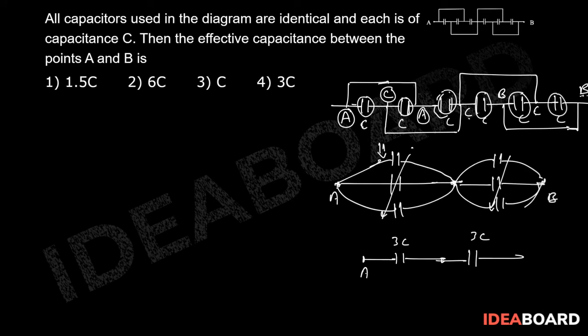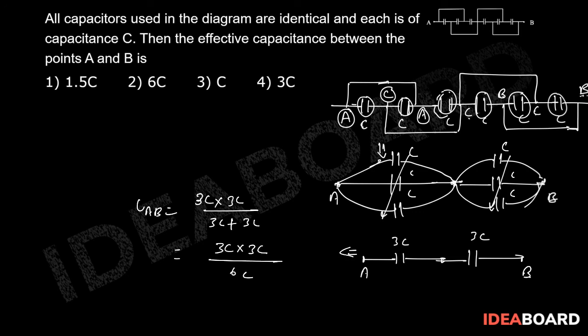Now because these all have capacitance C, we can finally calculate the capacitance between A and B. So CAB will be 3C times 3C divided by 3C plus 3C, which is nothing else but 3C into 3C upon 6C, so 1.5C. So CAB will be equal to 1.5C.